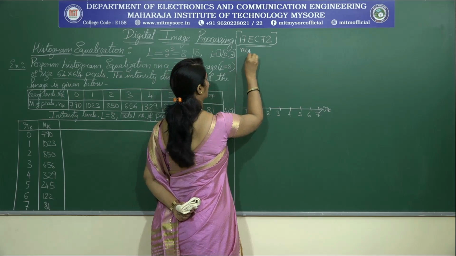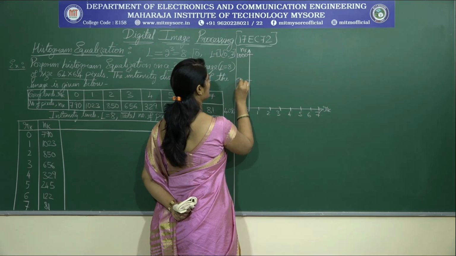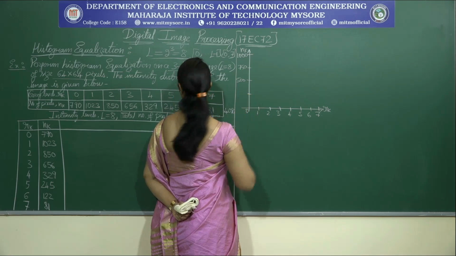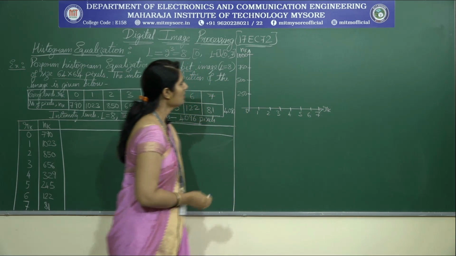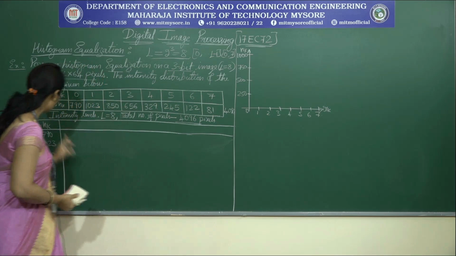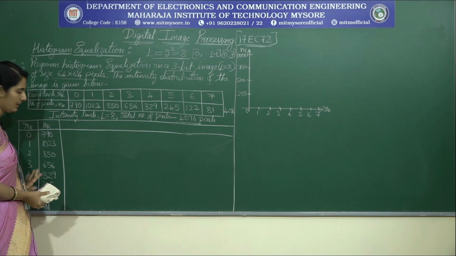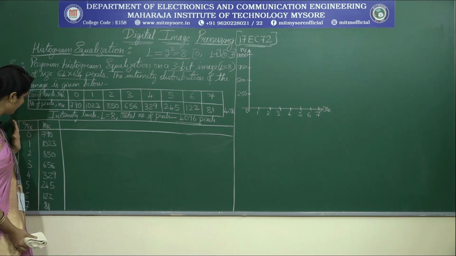The maximum value of n_k is 1023. Now for the column n_k, let us plot a graph of n_k versus r_k to understand the intensity distribution of the given image.